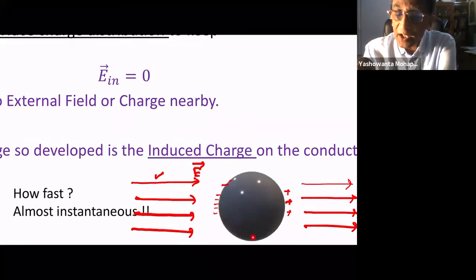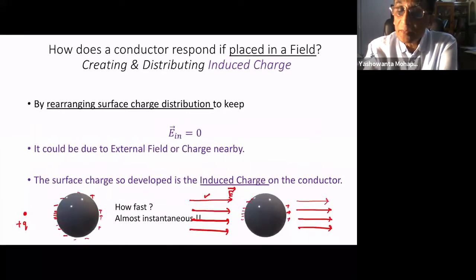They just rearrange on the surface. So it is extremely, very, very fast. We'll have an estimate, but for all our purposes of electrostatics, you can consider it almost instantaneous.